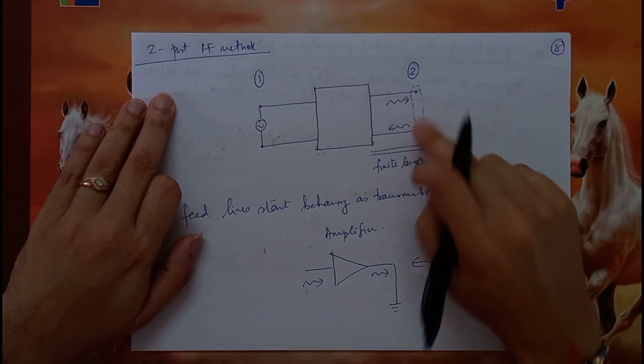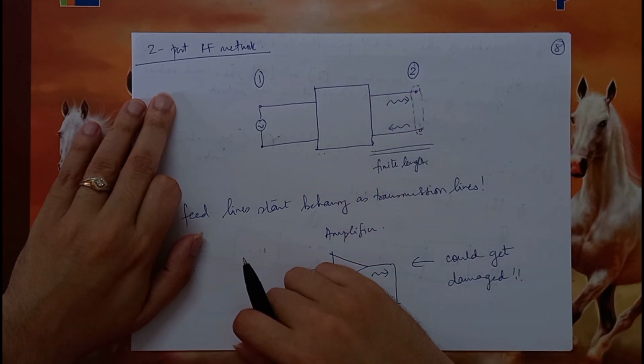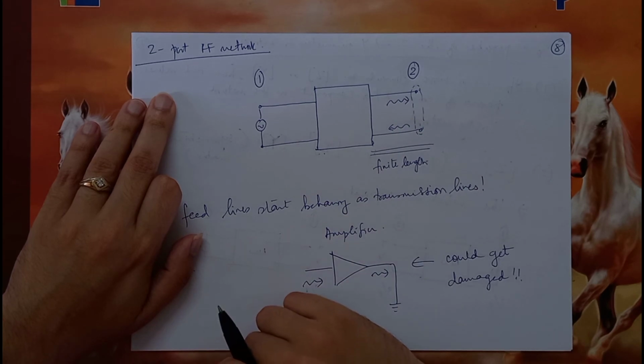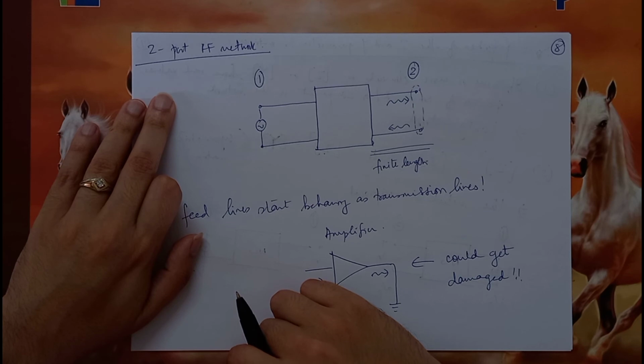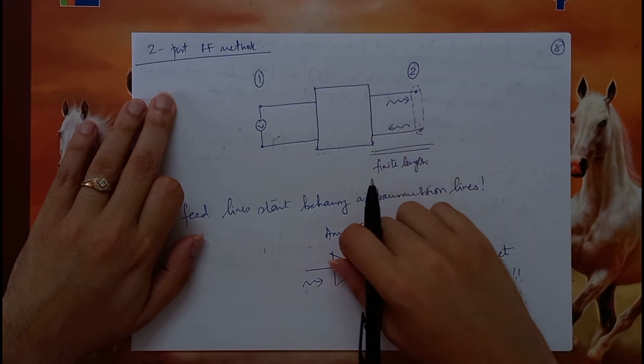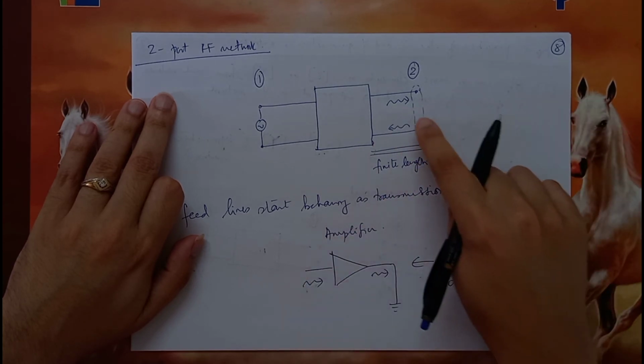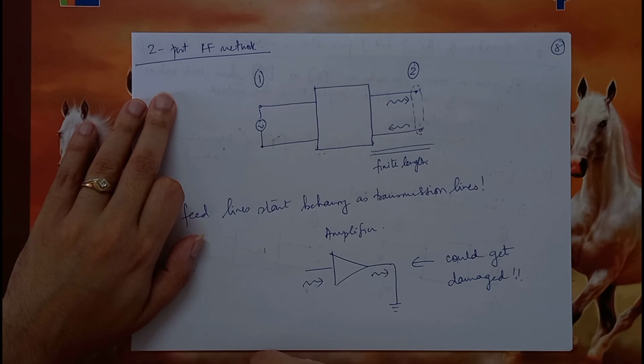Whenever we have an open circuit or a short circuit, we have a pair of waves. One is the forward wave, the other is the reverse or reflected wave. Because of these, the voltage and current at other points are not zero. So rather than forcibly connecting an open or short and trying to make either the current or the voltage zero, we can try to nullify either of the waves.